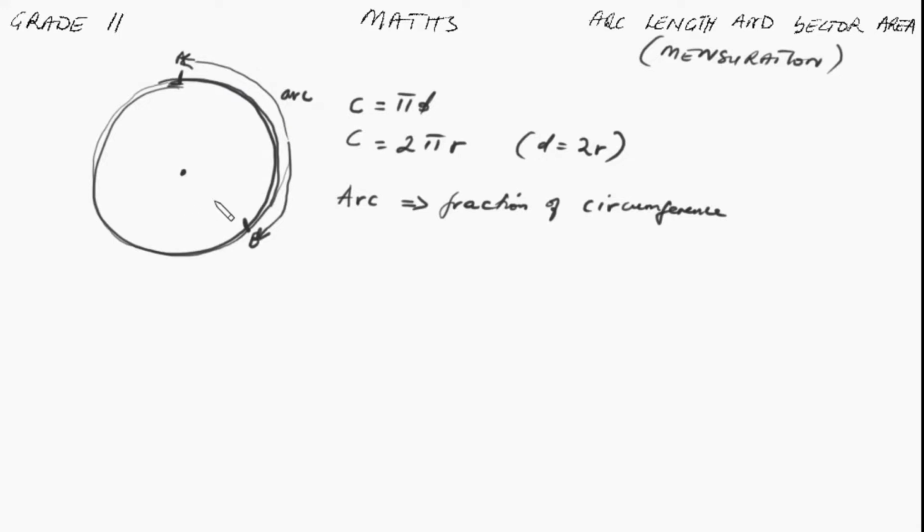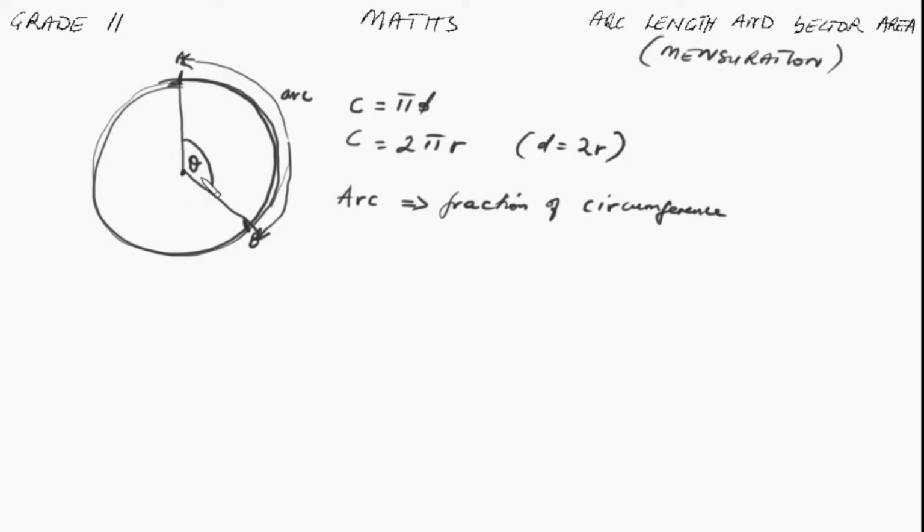Now the arc length would be different from the circumference. They won't be the same. There should be a fraction, and that fraction is taken from the angle here. Let's call it angle theta. It depends on the value of this angle over 360, because if you rotate around a complete circle, you have rotated 360 degrees.